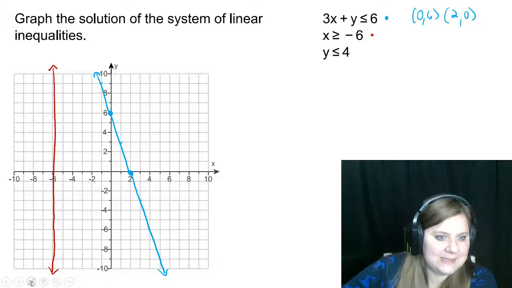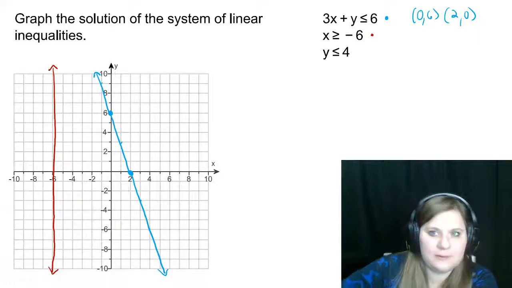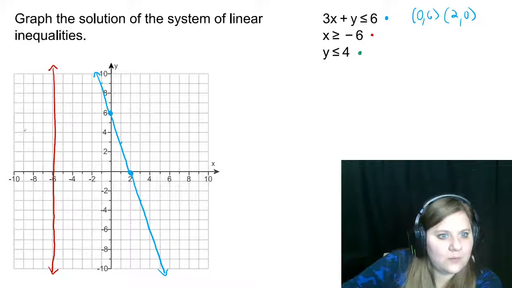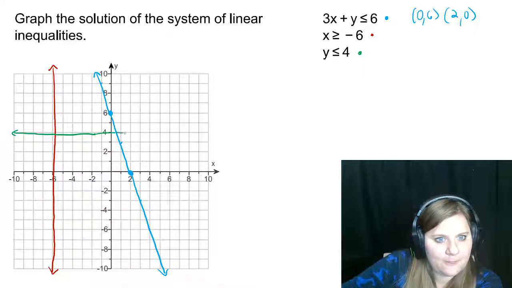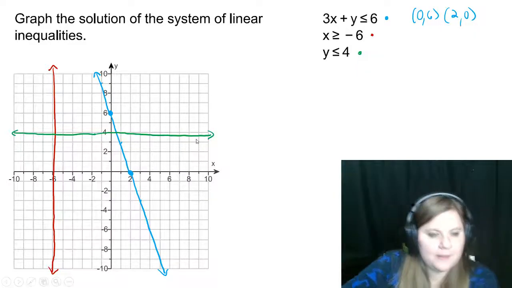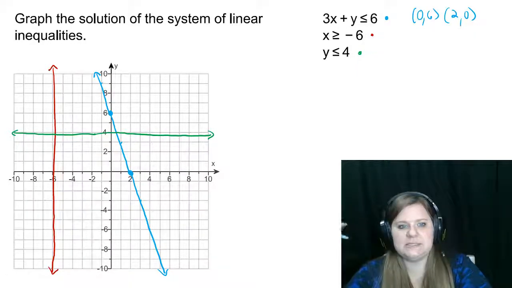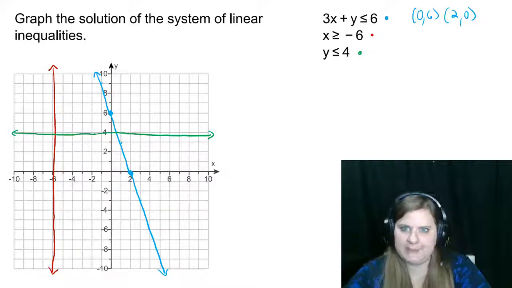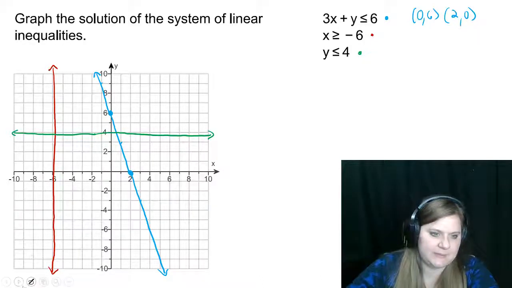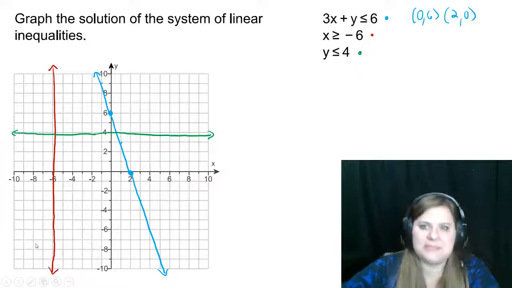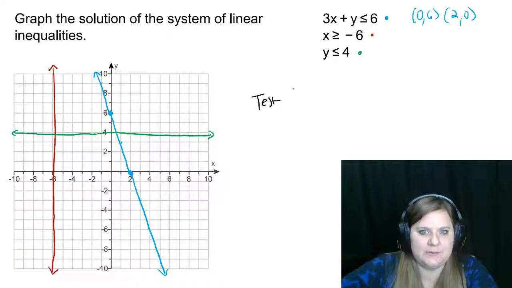And I have y is less than or equal to 4, which is like this. So notice that this gives us now 6 different places we could shade, okay, because this sliced this up into 6 different pieces. I'm still going to test (0, 0) and hope that it works for all of them.